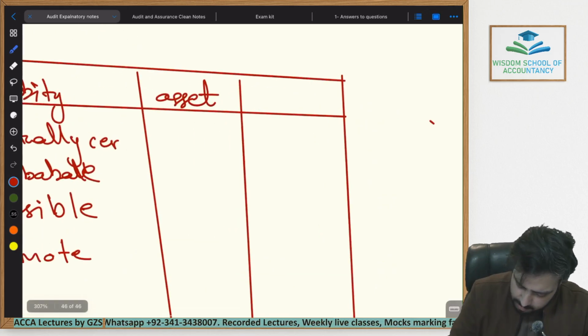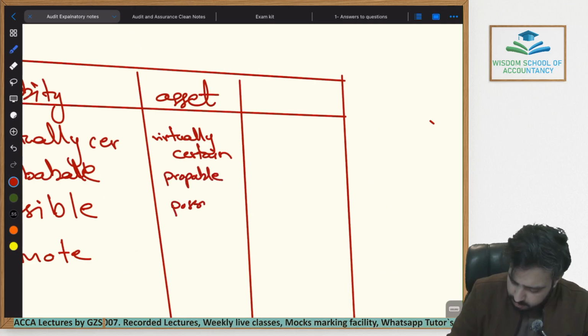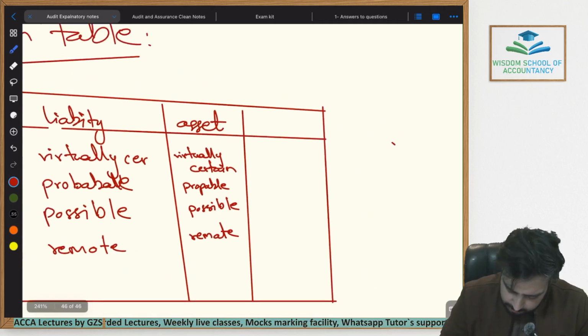The same here, virtually certain, probable, possible, remote. These are the chances of it happening.